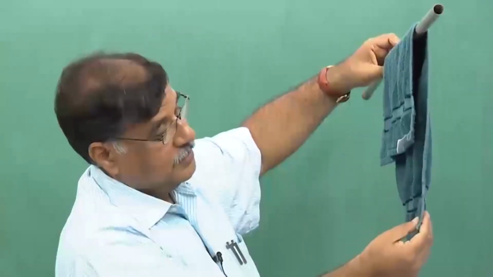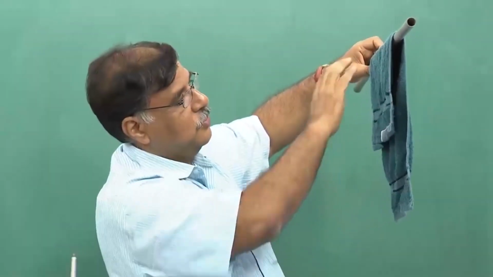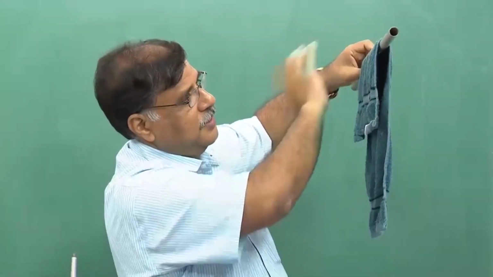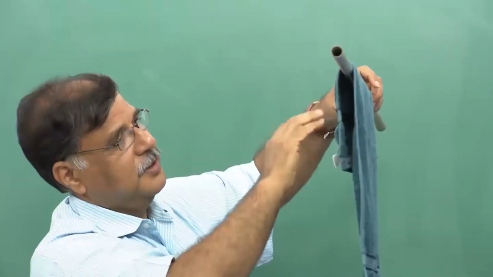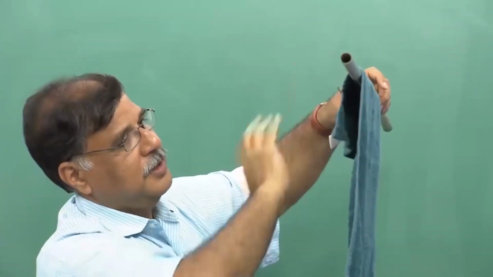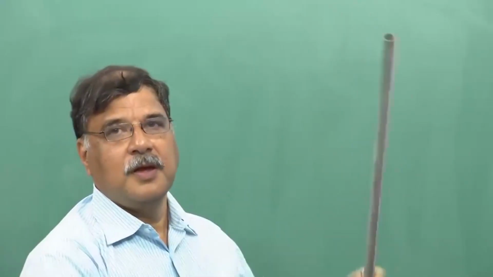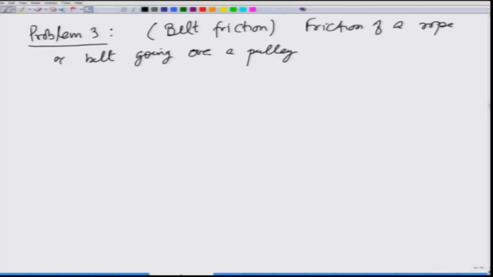If I increase the length on one side, it still holds. If I increase it further, it still holds. I increase it further, it holds, and further it slips. And we want to find out when this would slip.